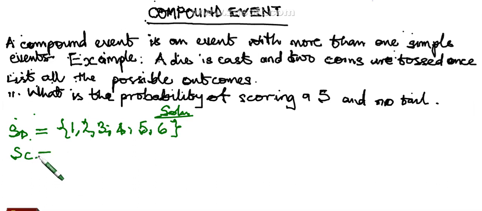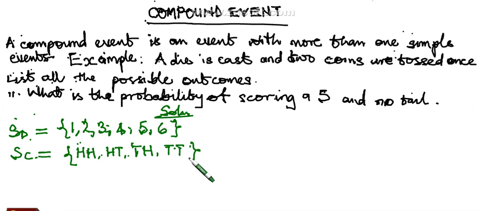With SC, I have the spaces to be HH, or head head, then head tail, then tail head, then tail tail.